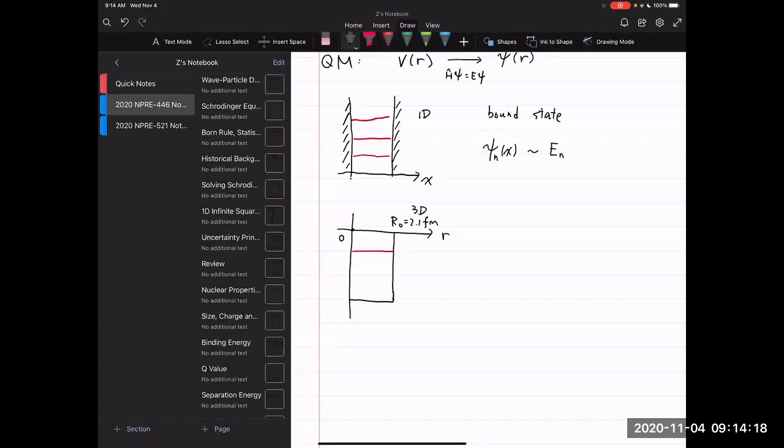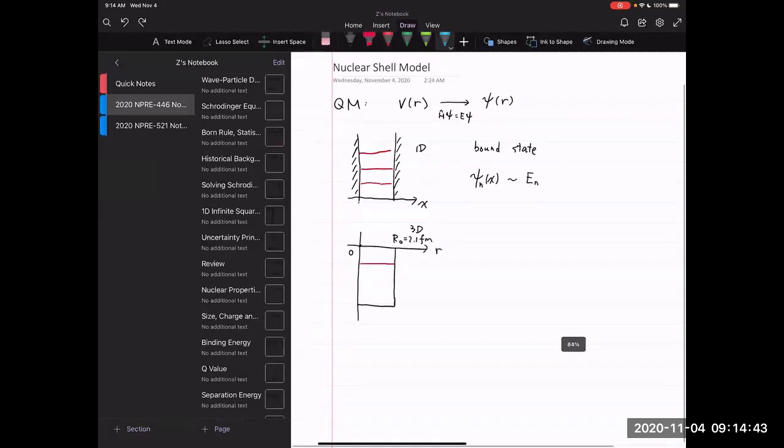And then we're also able to draw the wave function. It doesn't really matter how I draw that, because in general we have to draw the wave function above zero. But in this case, we shifted the zero to be here so that we can still draw the wave function inside this square well.